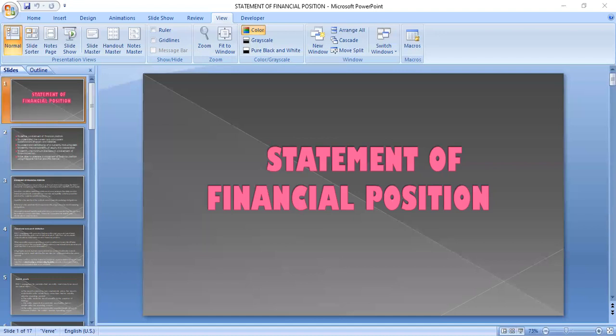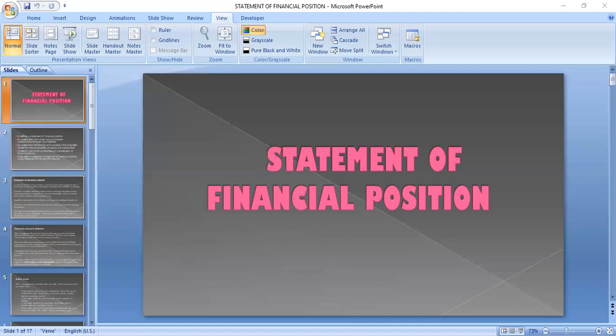Then we have retained earnings appropriated, or appropriation reserve, revaluation surplus or revaluation reserve, and treasury stock or treasury share.